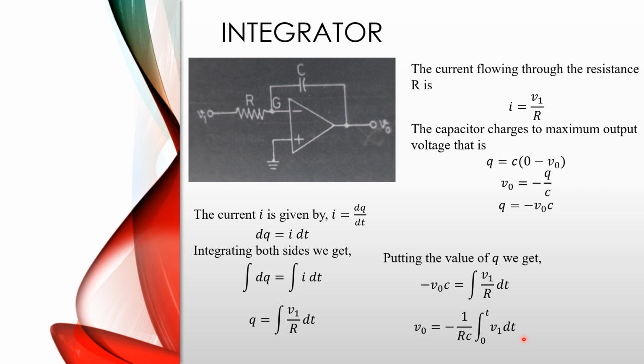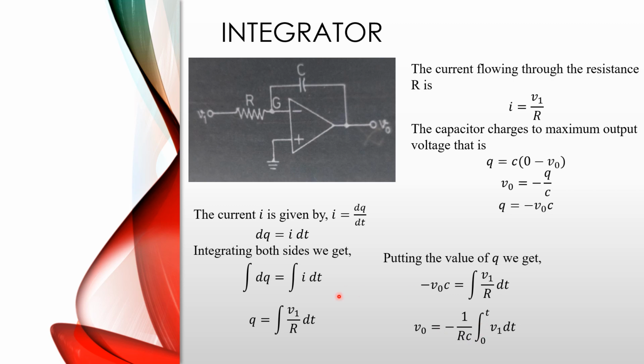Okay, and why does this minus sign appear? This minus sign appears because we applied the input voltage at the inverting terminal. So here we write the minus sign. So this is the output voltage of the integrator circuit.